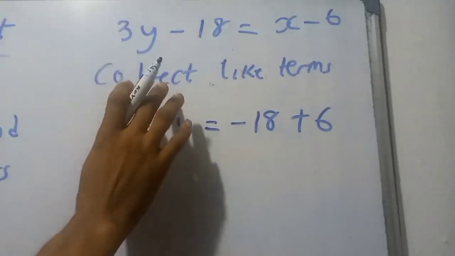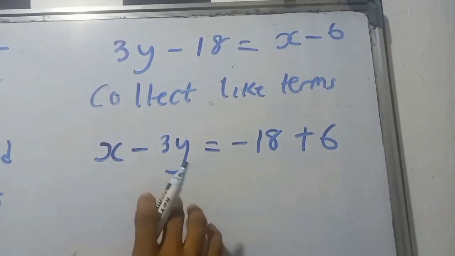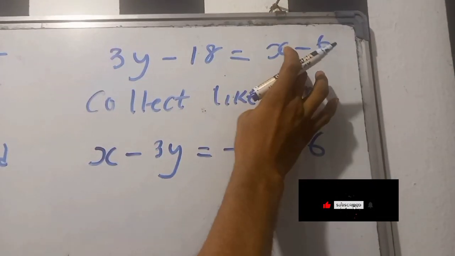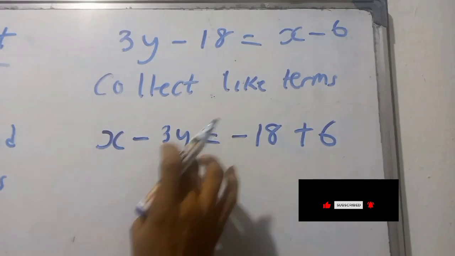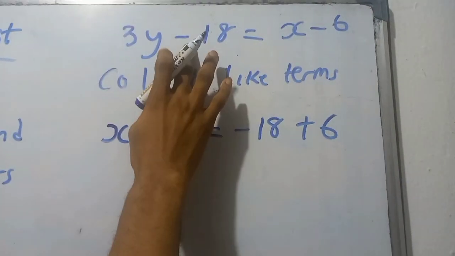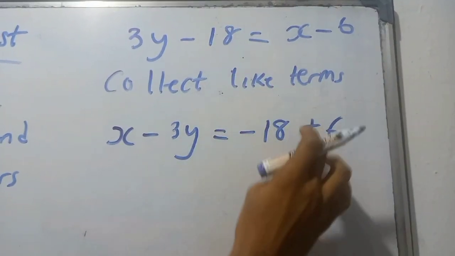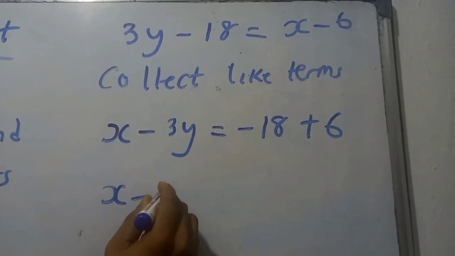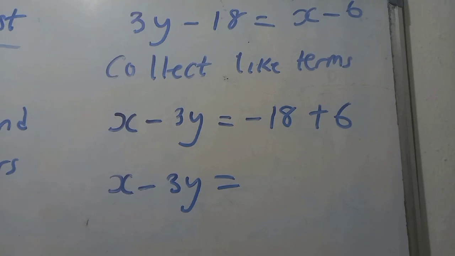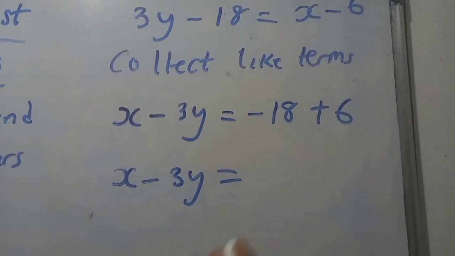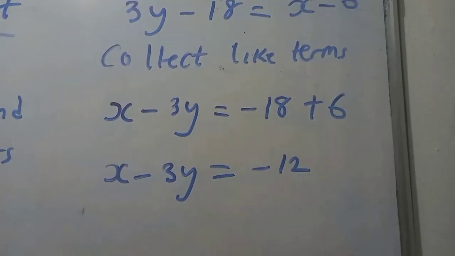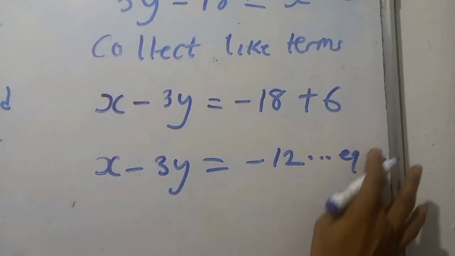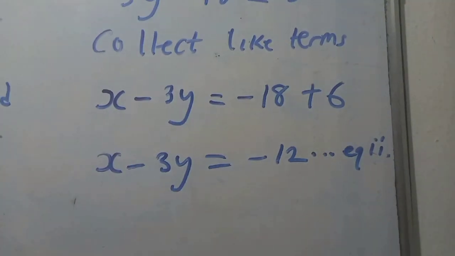I collected like variables, so the 3y becomes minus 3y and the minus 6 becomes plus 6. So x minus 3y equals minus 18 plus 6, which is minus 12. So this is equation 2.